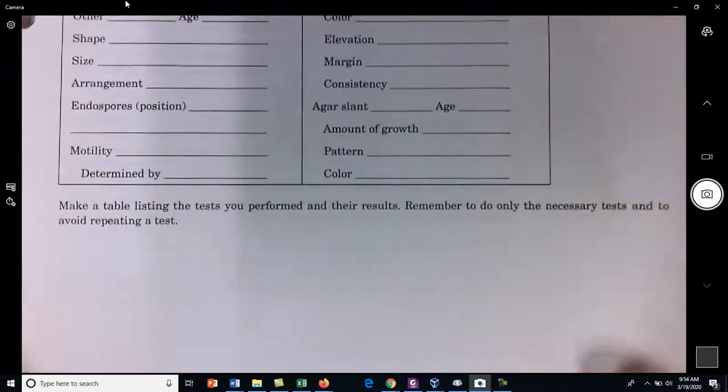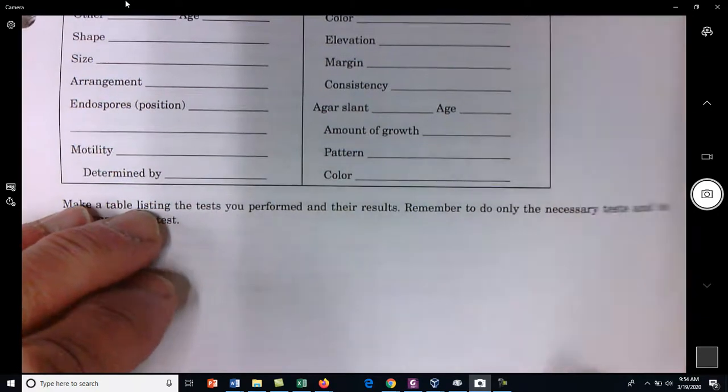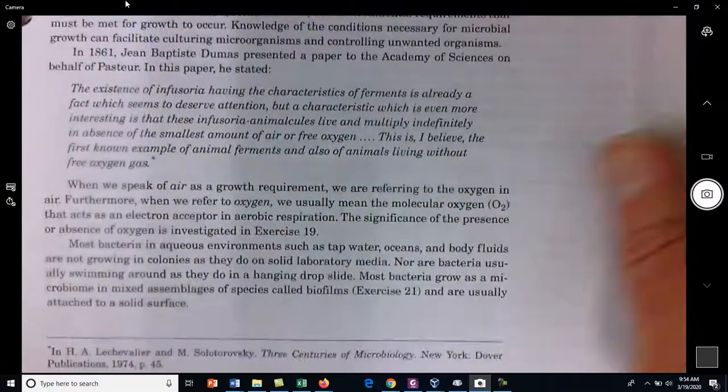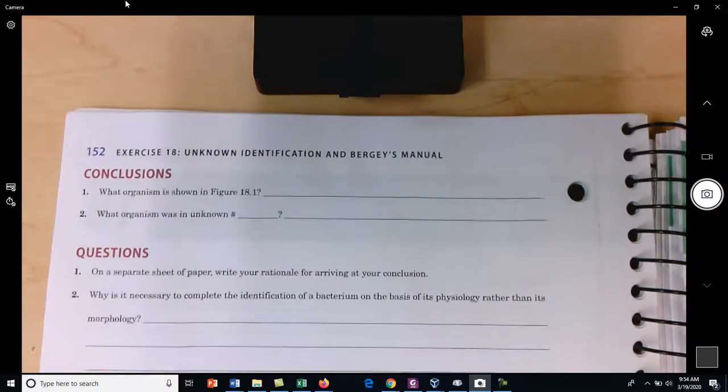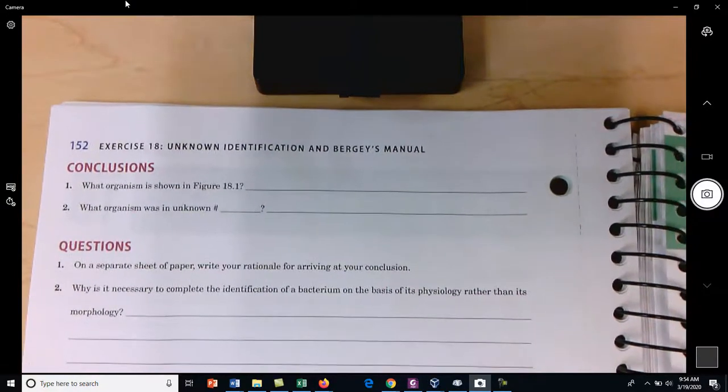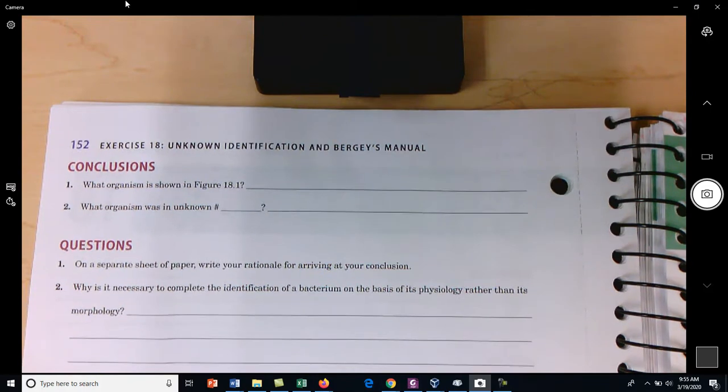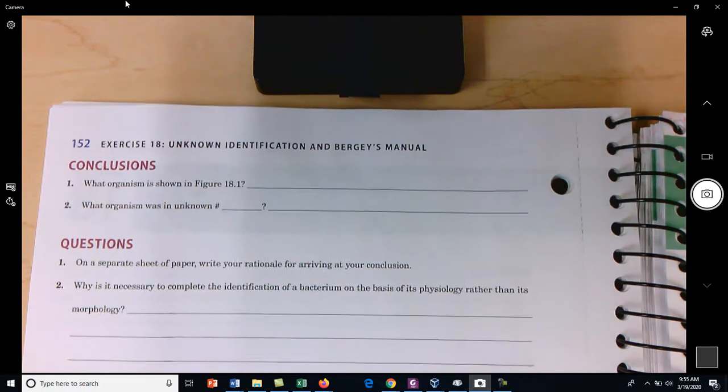Okay, then if you look at the next page, that says, what is the organism shown in figure 18.1? Okay, and that's an interesting one.